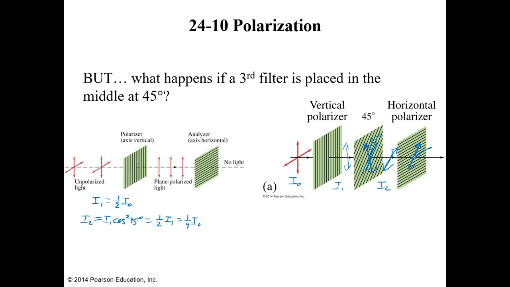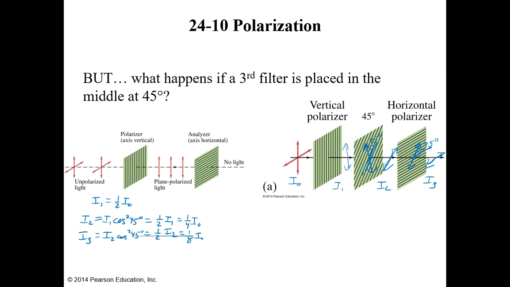And it hits this horizontal filter, making a 45-degree angle between the light and the filter itself at some intensity I3. So now we've got horizontally polarized light at some intensity I3, which would be I2 times the cosine squared of 45 degrees. Cosine squared is 1/2 of I2, but I2 was 1/4 of I0, so half of 1/4 would be 1/8 I0.